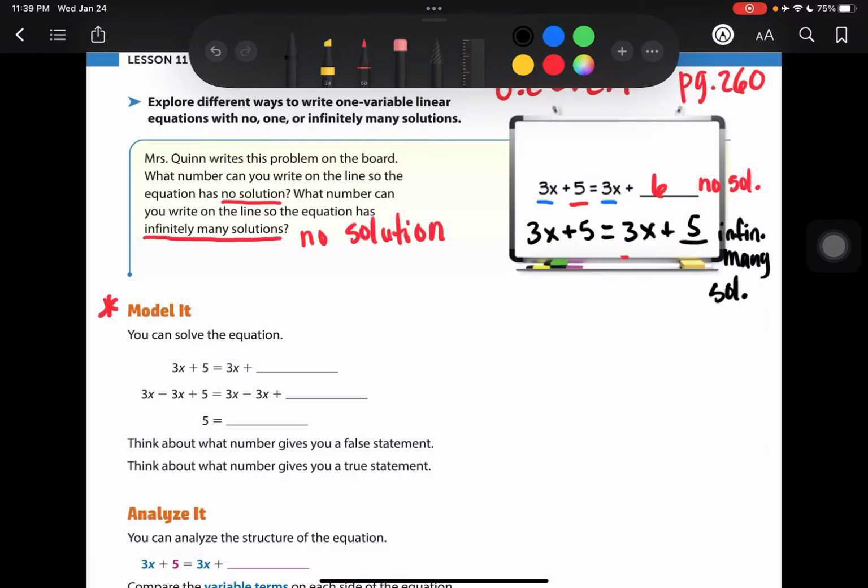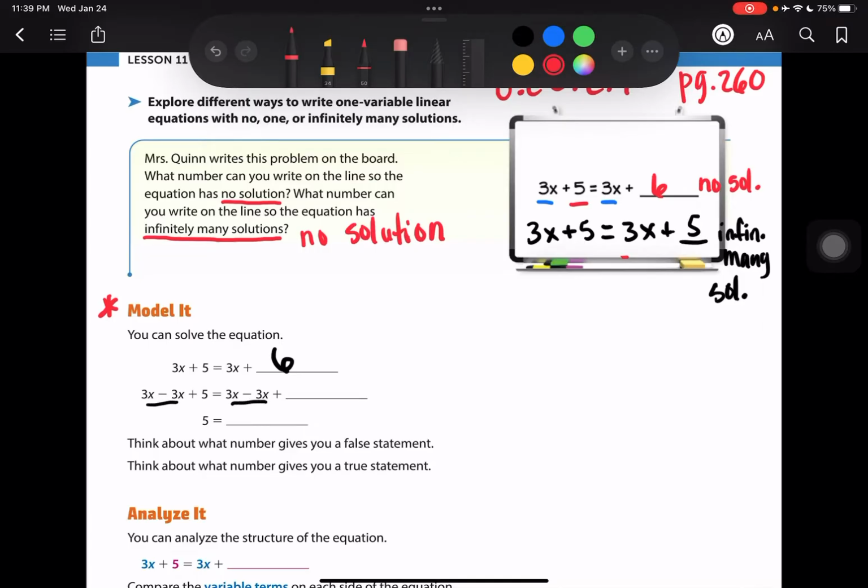It says you can solve the equation, so let's look at how the Model It breaks it down. You can put any number in the blank. Let's say I use 6, and I solve by subtracting 3x from both sides.